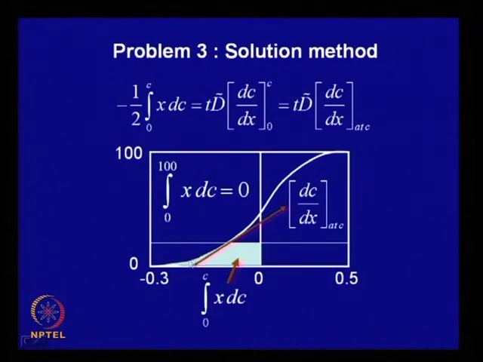Once you find this area, you then have to find the slope at this point. So, draw a line over here, and if you have the tabulated data, it is very easy to find the slope at any point. Once you find the slope at this concentration C, and t is known, this part is known. Therefore, the inter-diffusion coefficient can be estimated.